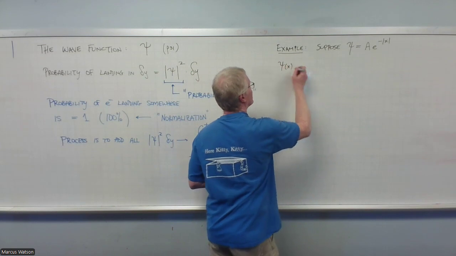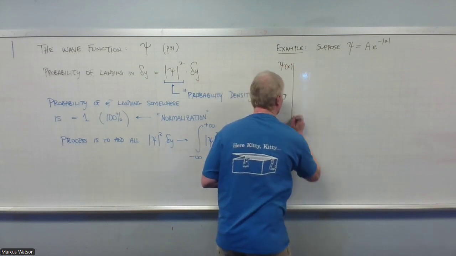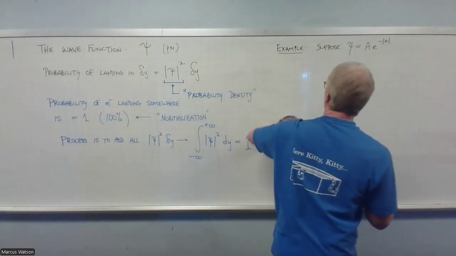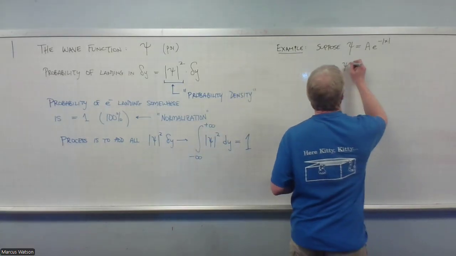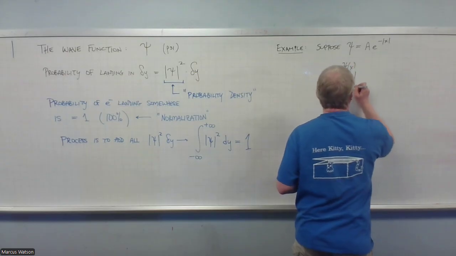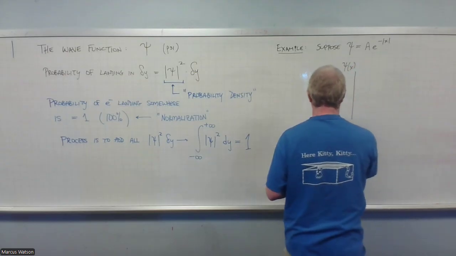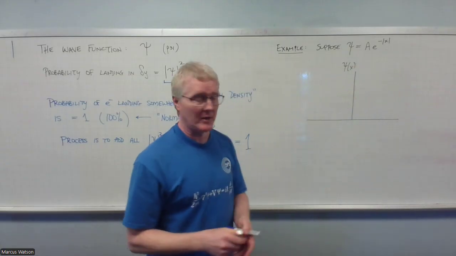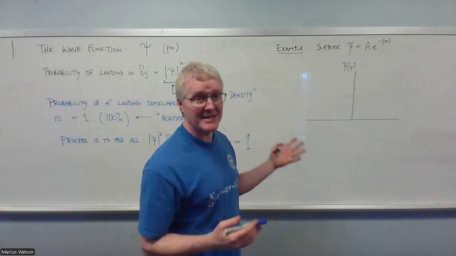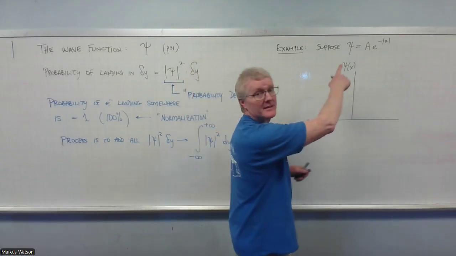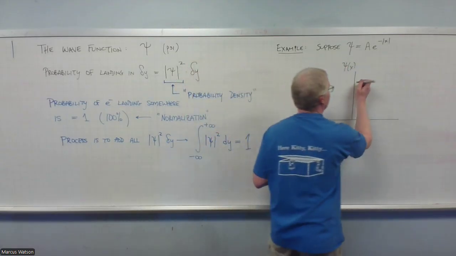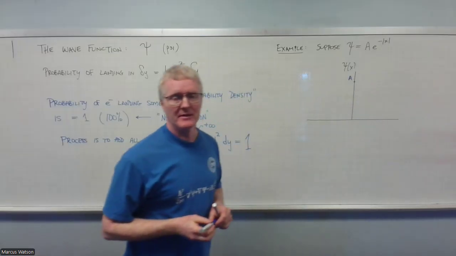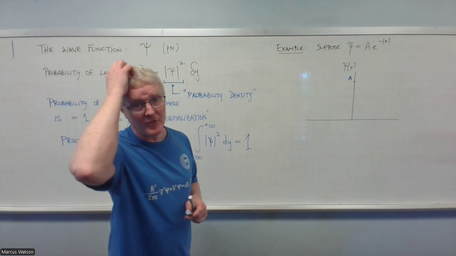This is psi as a function of x. I should probably move this over, because I'm running into that. So let's go over here. Psi of x, like this. Now, what does it look like? Well, it's a dying exponential. So if x is equal to 0, you can see that the quantity is equal to A. The wave function is equal to A on the vertical axis.